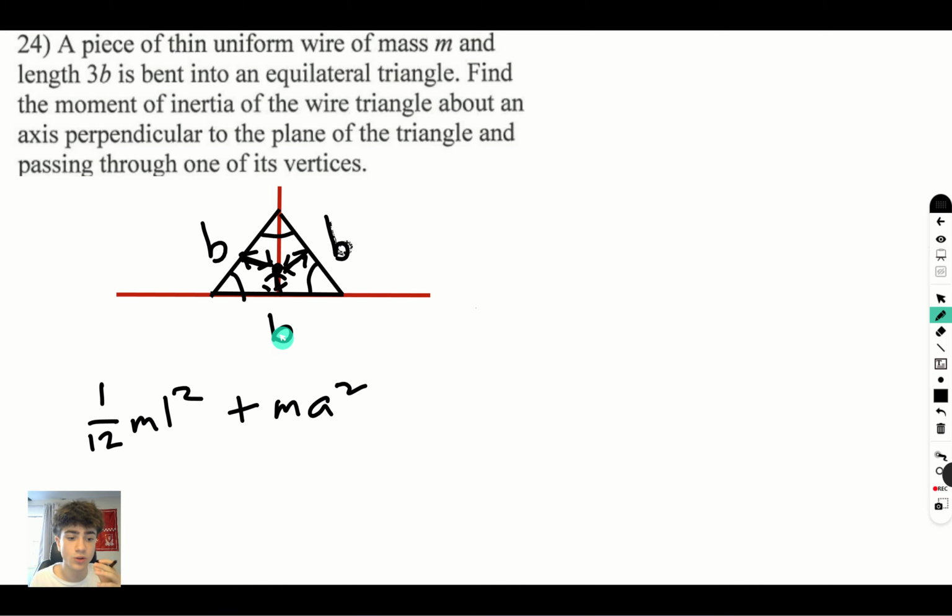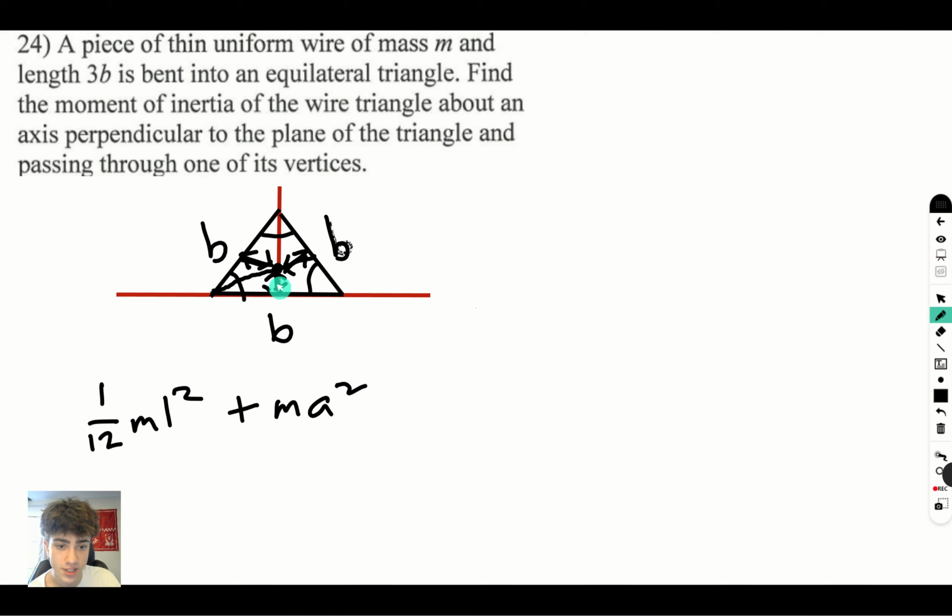Now the next step we're going to want to take is to find a value for a in terms of b. So since this angle is 60 degrees, an angle of 30 degrees will pass through the centroid in this case. And this information is useful because that can help us find this length right here.